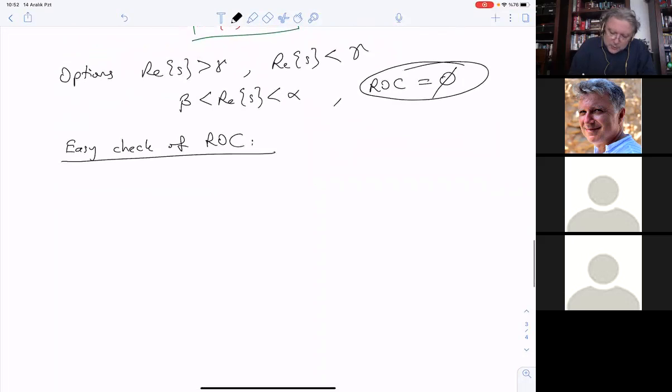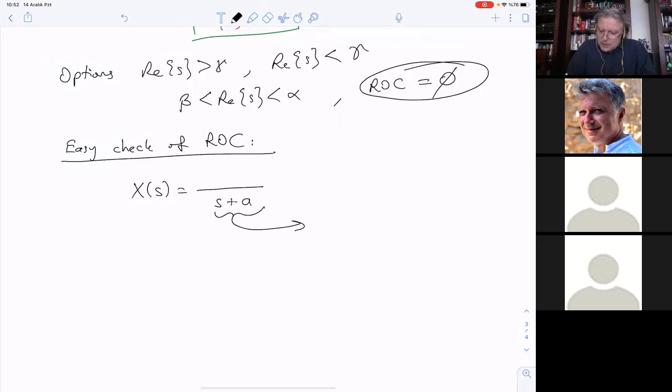This easy check is like this. You look at X of s, and you look at the denominator of this X of s. Let's say it is s plus a, and in the numerator, let's say we have something else. But the denominator is s plus a. We are going to talk about a terminology which is called the pole.